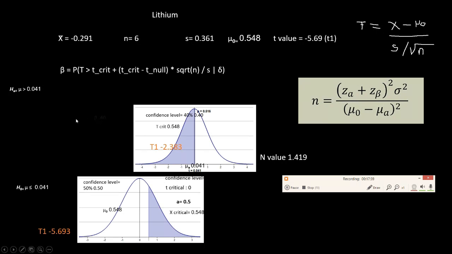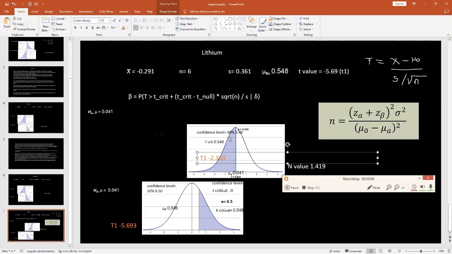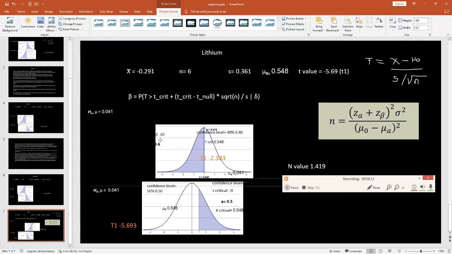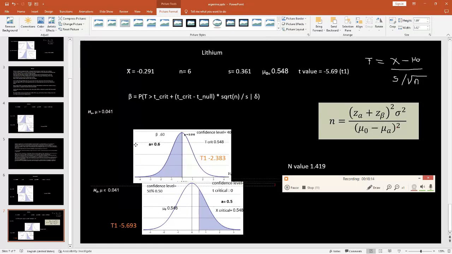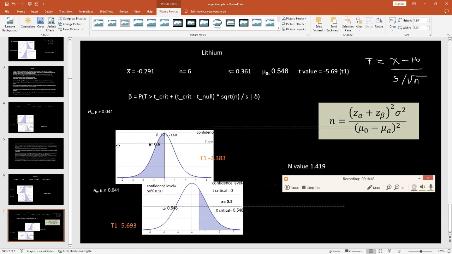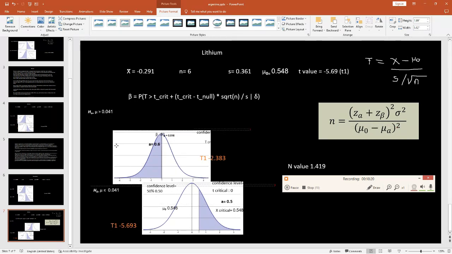Okay, so for example, let me zoom out. The center will be around here. Yeah, you just keep moving to the left until it's at minus 2.383.